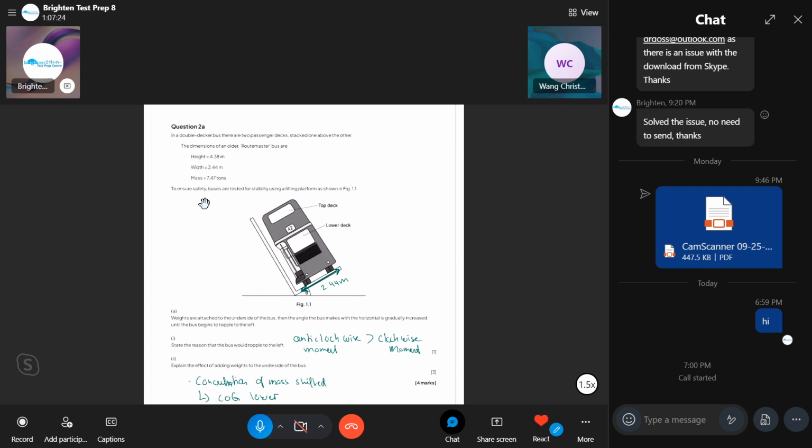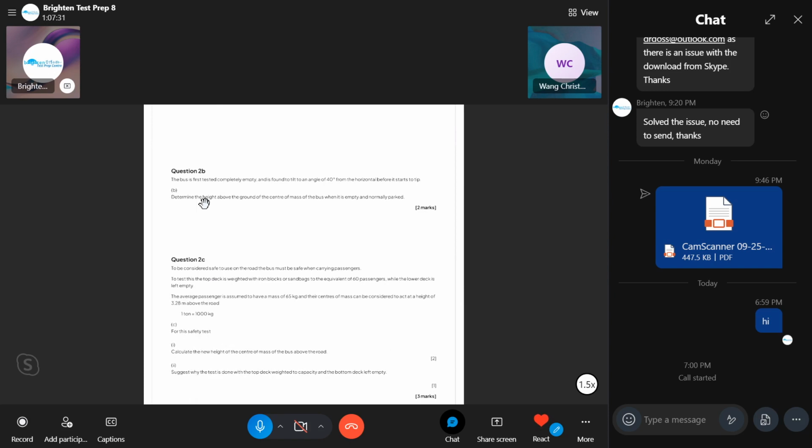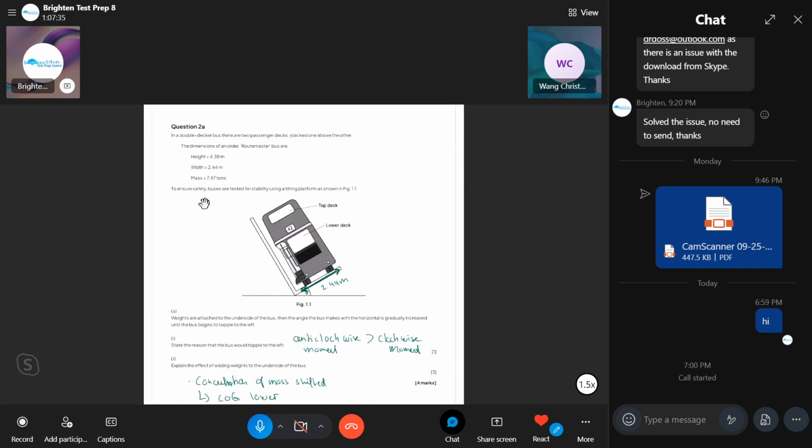Because you have a 2-dimensional problem. One is the height, obviously; we have to determine the height above the ground of the center of mass. So somewhere here, but that's the one dimension, the height. What is the other dimension?